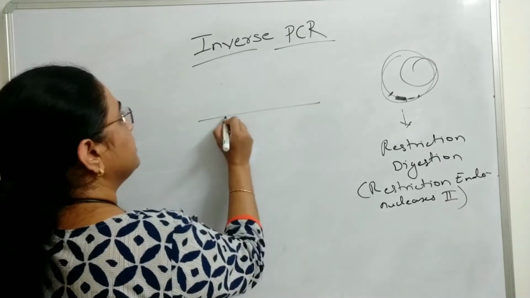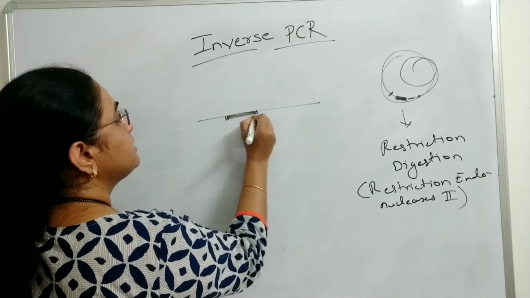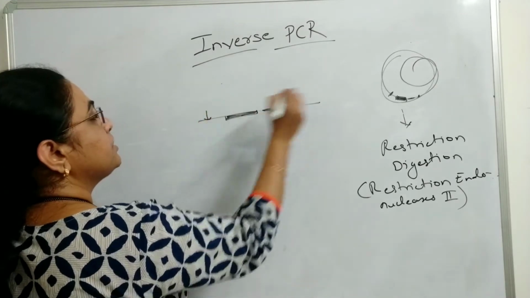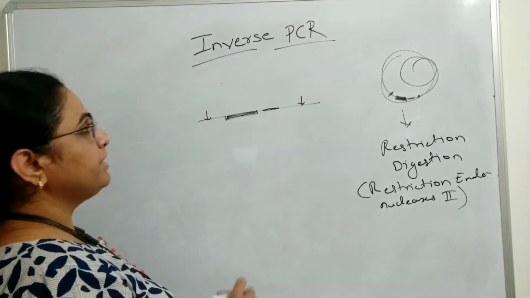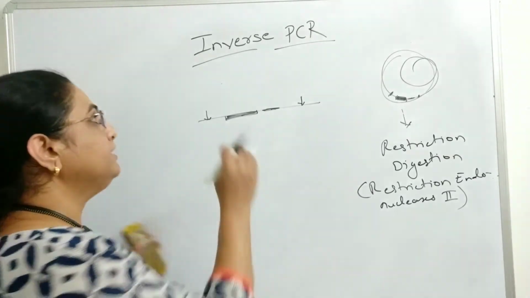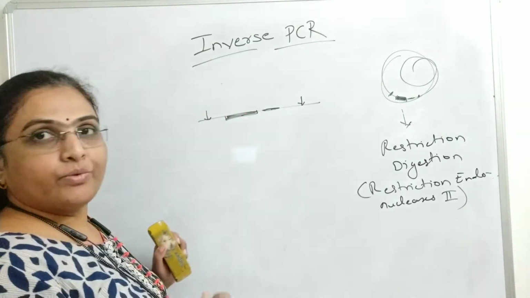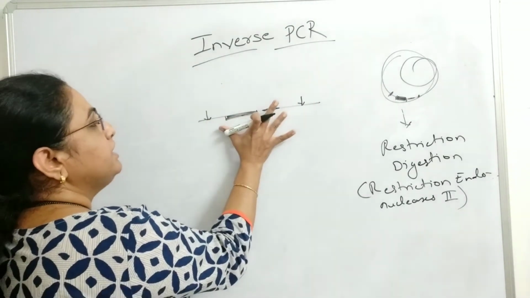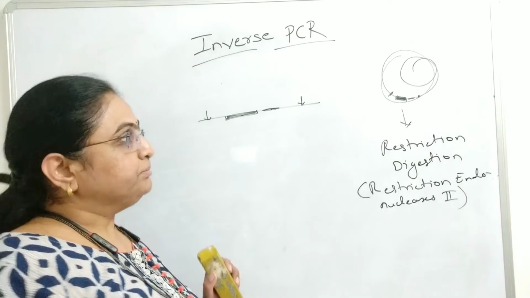That is, here it is an unknown DNA sequence and this is a known DNA sequence. So your restriction site should fall where? Outside this region. That is, it should flank the unknown and the known sequences, so that when you do the restriction digestion, this part will be intact.